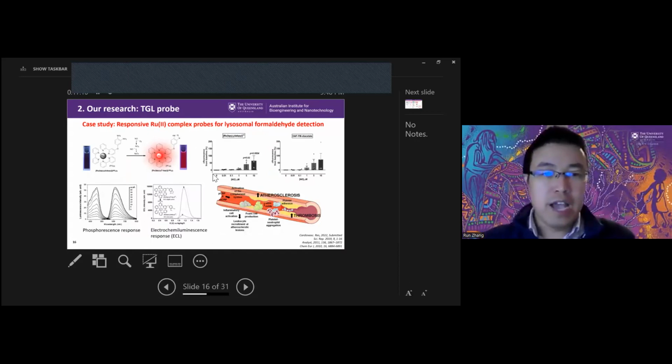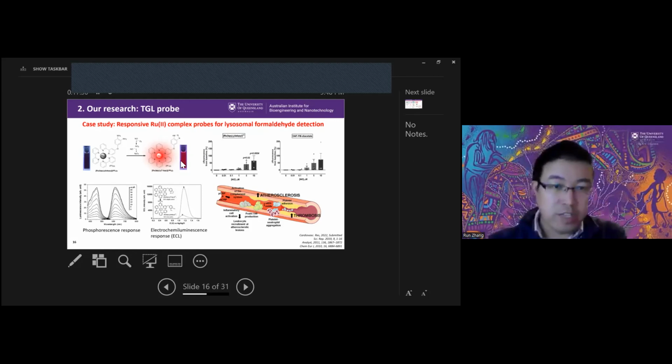biomarker detection. I think the first biomarker responsive probe based on the ruthenium complex was designed by me in 2010, 12 years ago.